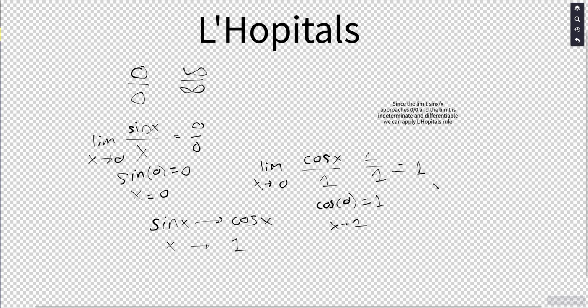Then we go back to our original limit and write that the limit as x approaches 0 of sine x over x approaches the value of 1. So the real answer here is 1. Let's clear this out and start a new problem.